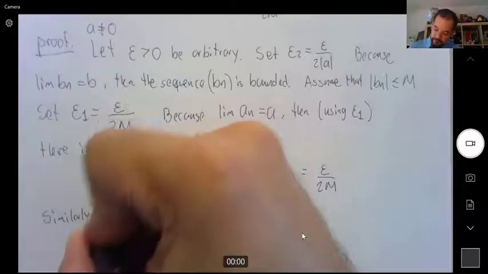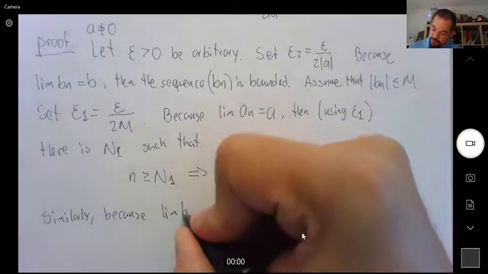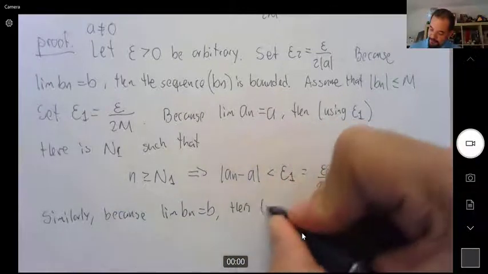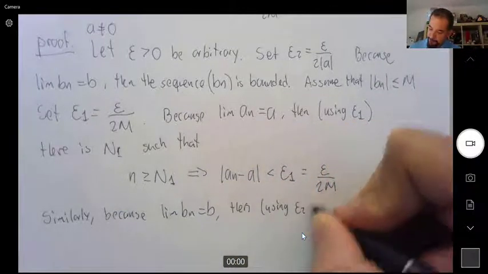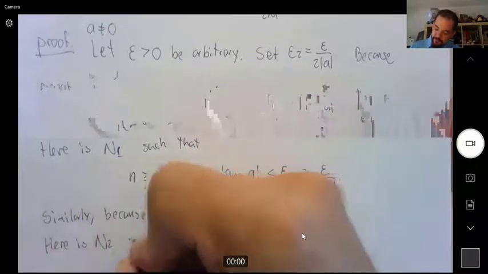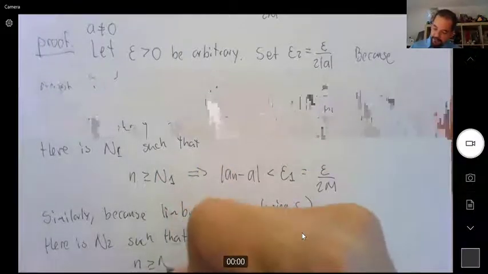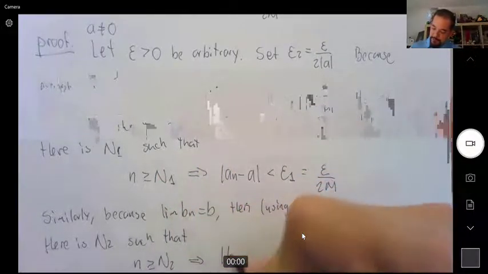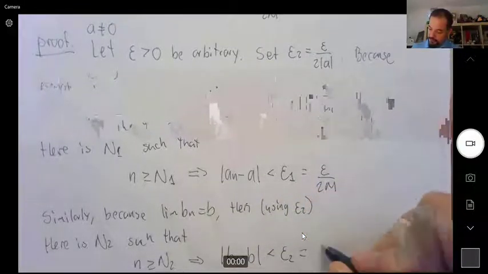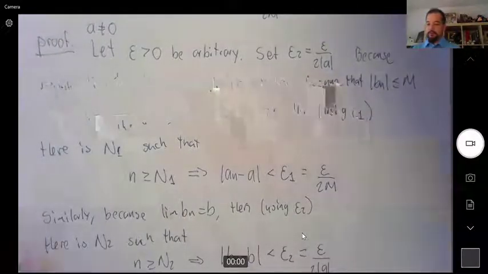Similarly, because the limit of the bn is b, then this time we're using epsilon2. There is N2 such that if little n is bigger than N2, then the absolute value of bn minus b is less than epsilon2, where epsilon2 is epsilon over 2 times the absolute value of A, right?